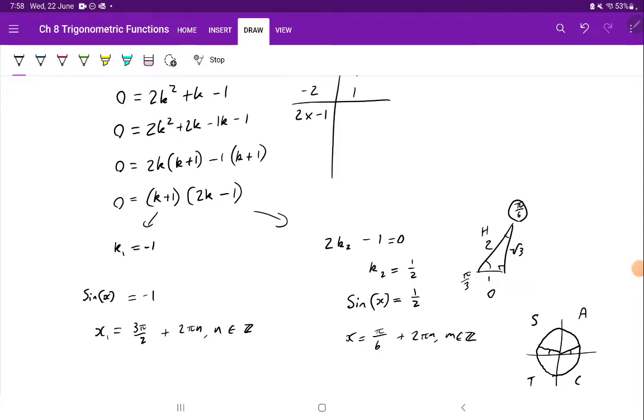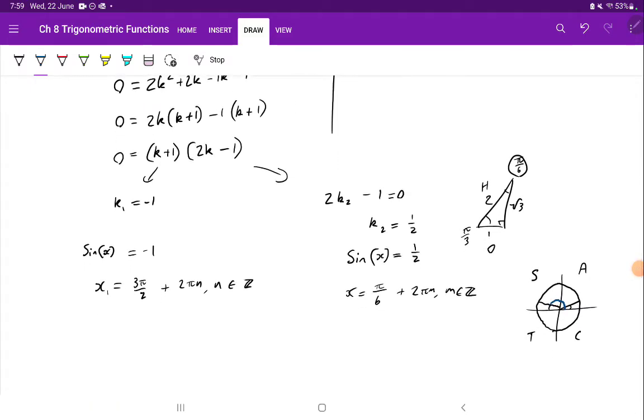And that angle there is going to be equal to 5 pi on 6. So x is equal to 5 pi on 6 plus 2 pi k for, oh, I can't use k, I've already used k, 2 pi j for j some integer.